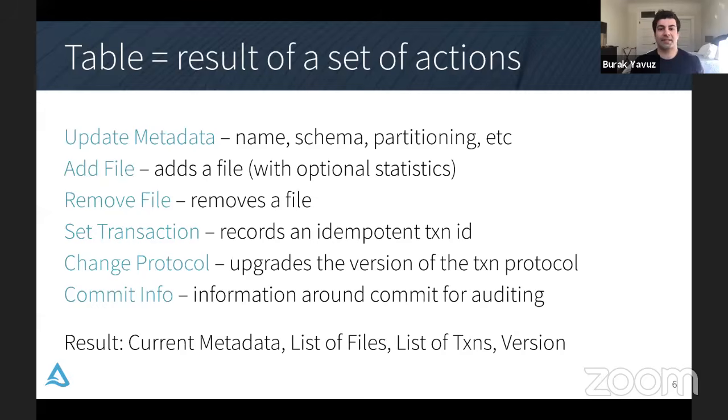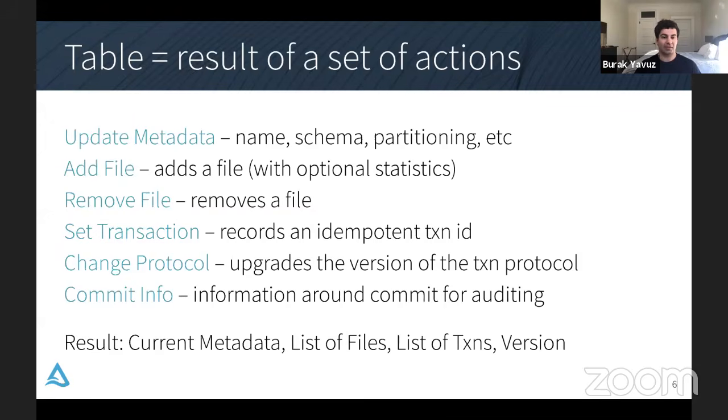So what exists in these JSON files? You see we have several actions within these JSON files. These actions are metadata. The metadata includes the name of the table, the schema of the table, the partitioning of the table, and any kind of table properties that you may have around this table.